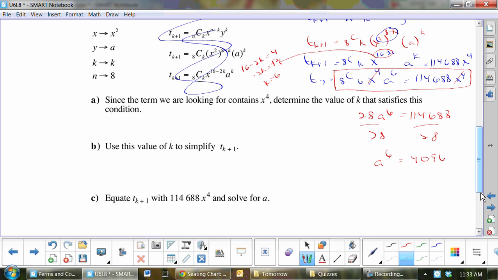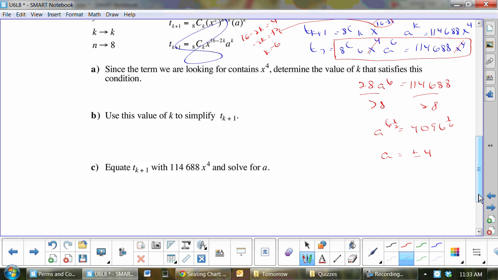Then what do we do? Yeah, we can just raise each side to the exponent 1/6. And you will get a to be plus or minus 4. Because remember, whenever it is an even power, it will be plus or minus. So a has to equal 4 because in the rules it said a had to be greater than 0. So a is 4.